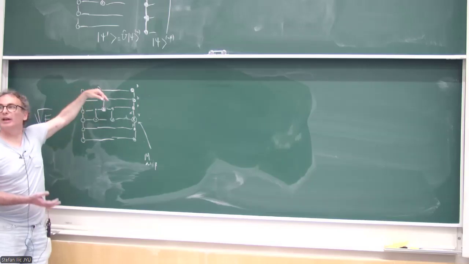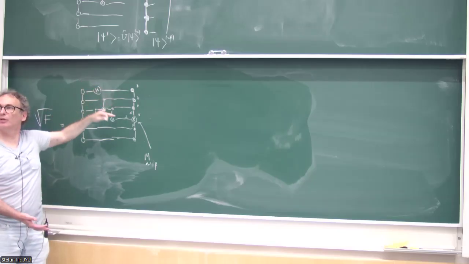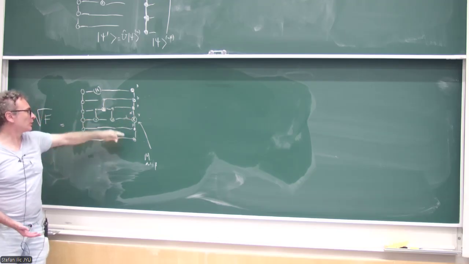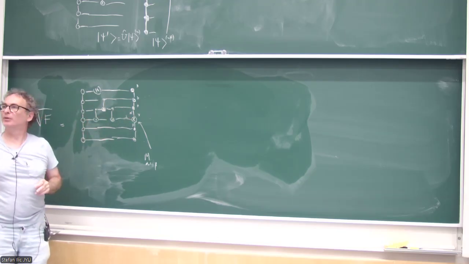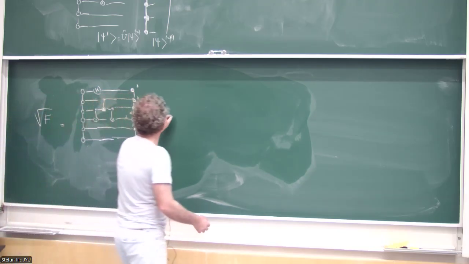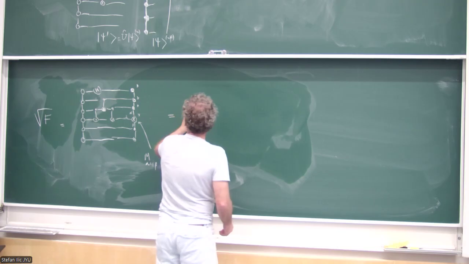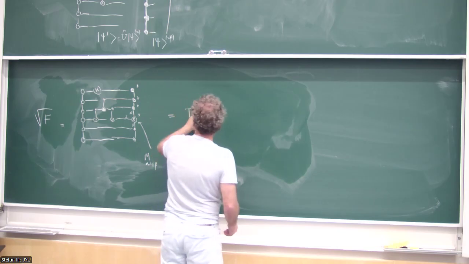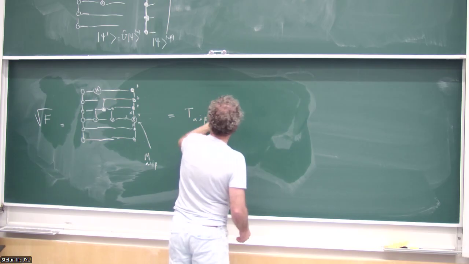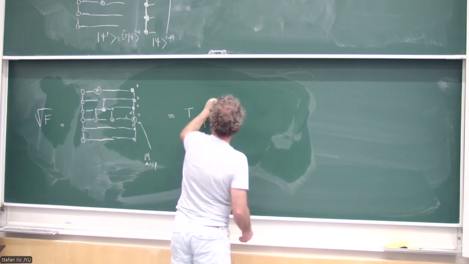So typically, again, you start from the top, proceed all the way to the one here, then you start from the bottom, and then you do whatever you think is best to get the whole thing. And you will find that this is equal to T alpha I beta M alpha I beta star.